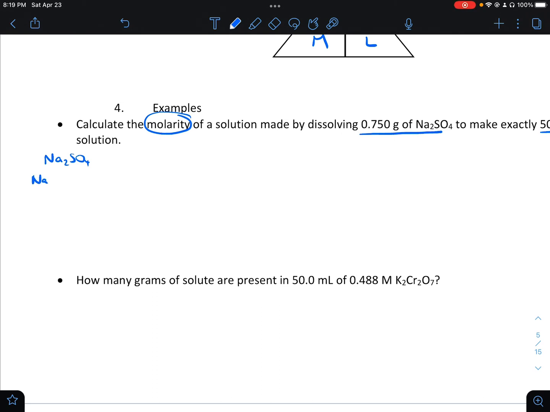We have Na, we have two of those, so we're going to take that times the number we see on the periodic table, 22.989770. And then we have S, we have one of those, so we're going to take that times 32.066. All right, and we have O's. We have four of those, 4 times 15.9994.